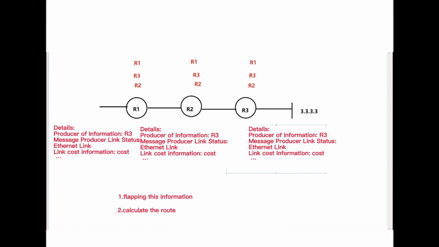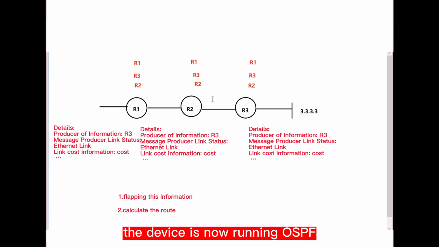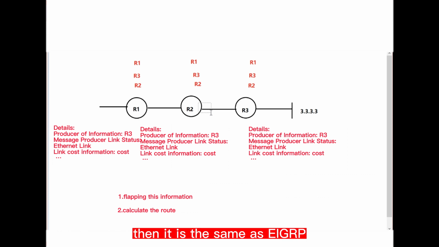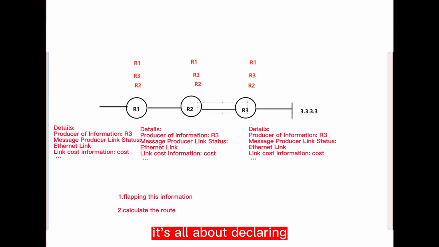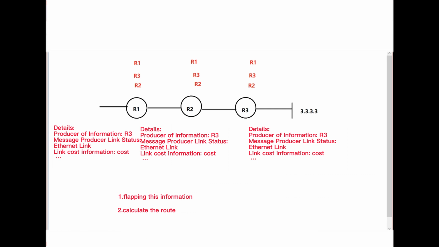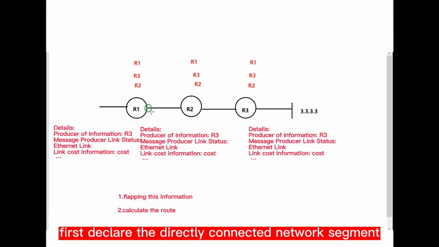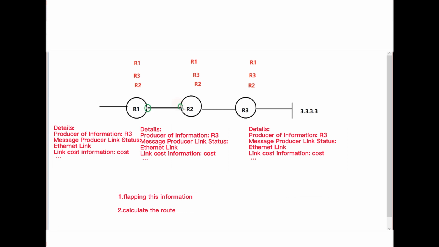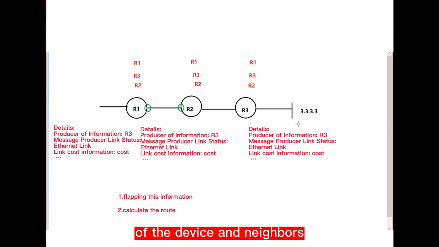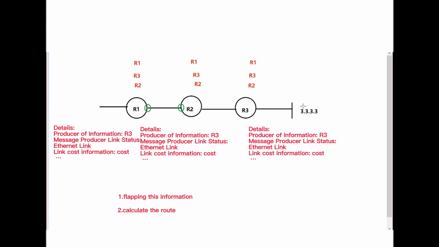For example, the device is now running OSPF. Then it is the same as EIGRP. It's all about declaring, and there are 2 types of declaration, also the same as EIGRP. First, declare the directly connected network segment of the device and the neighbors.